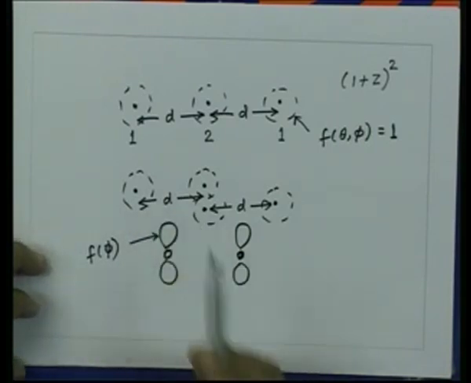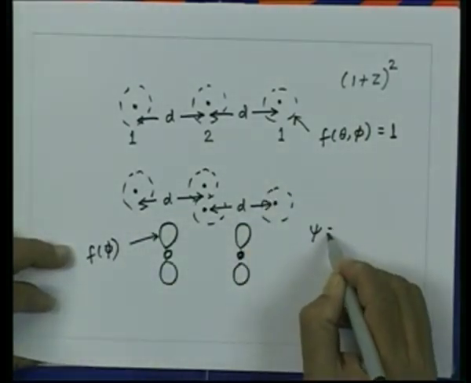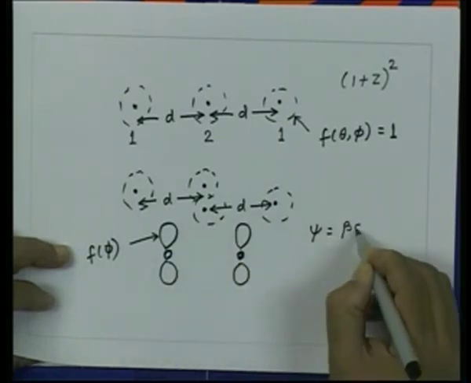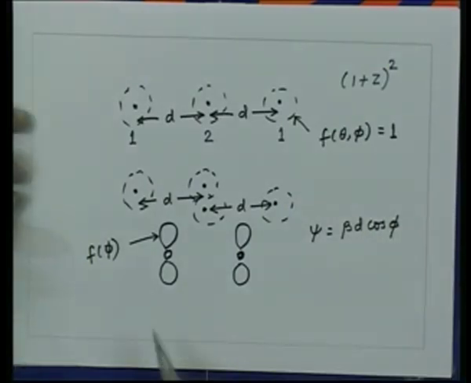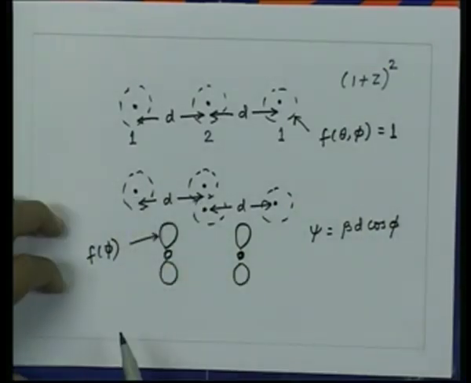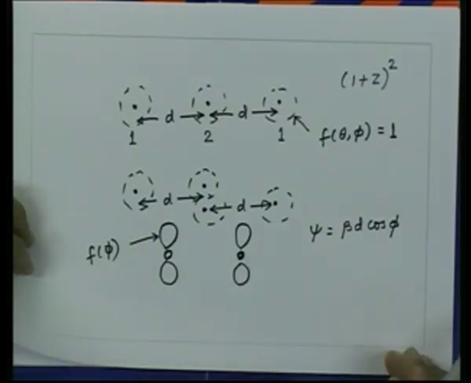So, for this, since the spacing is d, we can write here psi which is beta d cosine of phi.